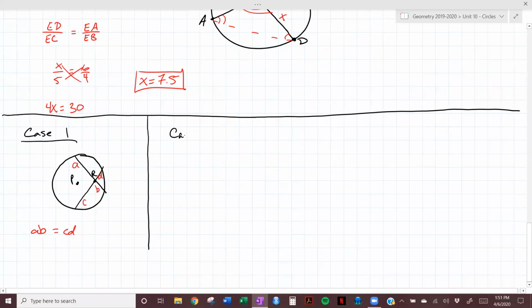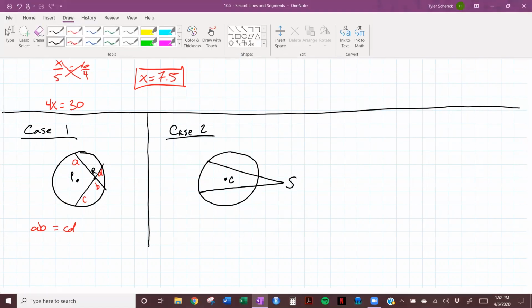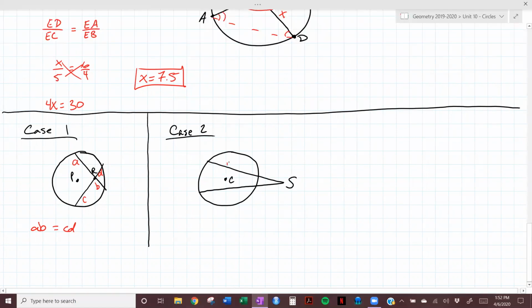Here is case number 2. So here's our circle. Oops, I drew it too long. Sorry. There we go. The point over here is S. We have our center C. And I have M right here, N right here.